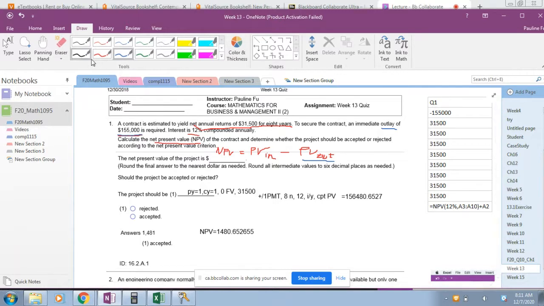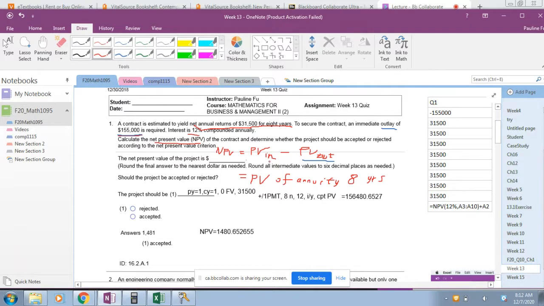So we just focus on what is the present value of cash in. That number is the present value of an annuity. The annuity is 8 years.